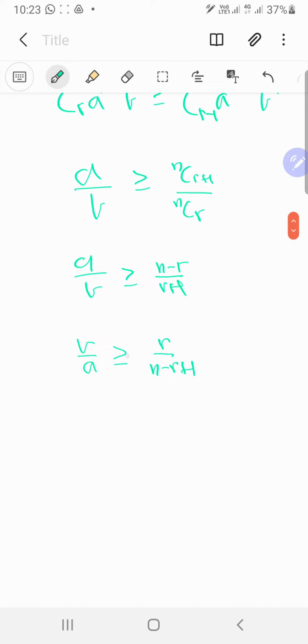So let's take the reciprocal of this inequality. We will get a upon b less than or equal to (n-r+1) upon r. All right, that looks good.